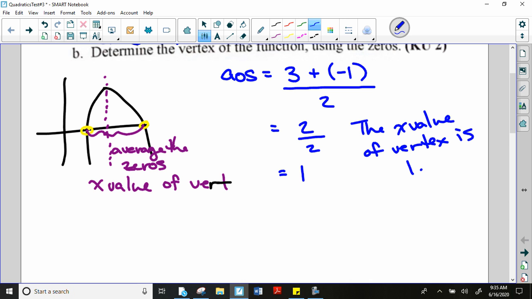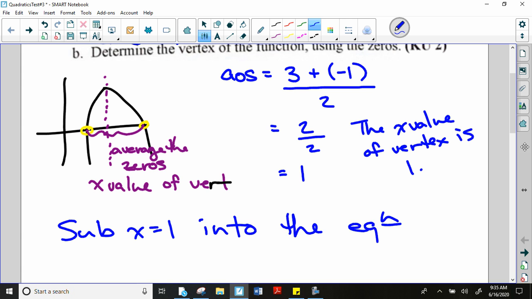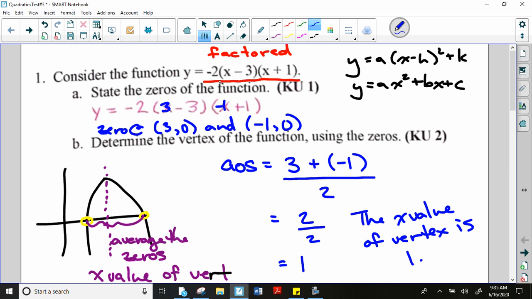The x value of the vertex is 1. So at this point, we sub x equals 1 into the equation, because if we look back up here, that's going to give us a y value. If we plug the x of 1 into an equation, it'll give us a y.